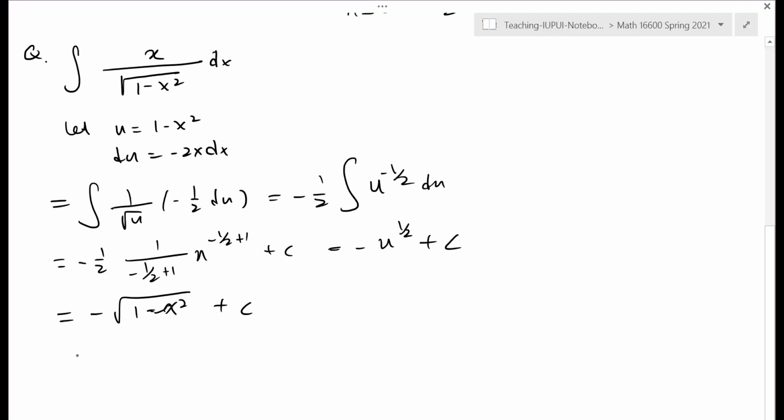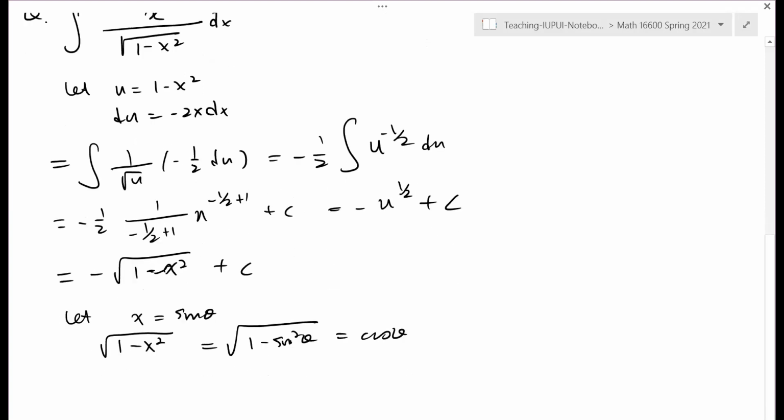So why not let x be sine theta? This is another substitution. If you let x be sine theta, then the square root of 1 minus x squared is the square root of 1 minus sine squared theta, and that's cosine theta. I have to assume that theta is between negative pi over 2 and pi over 2.